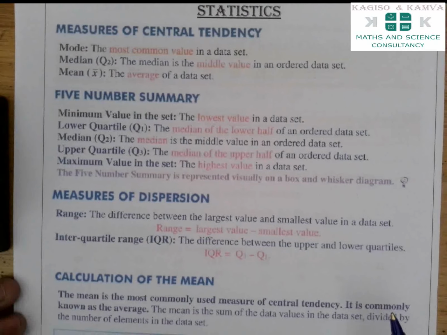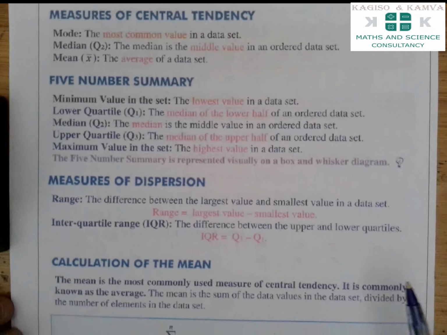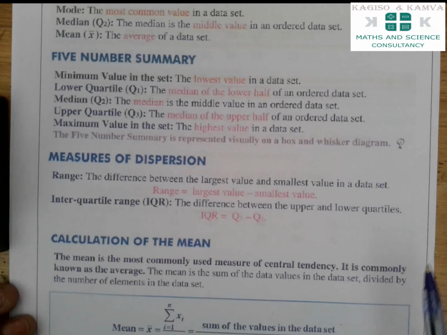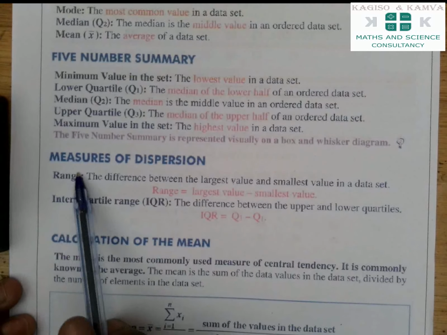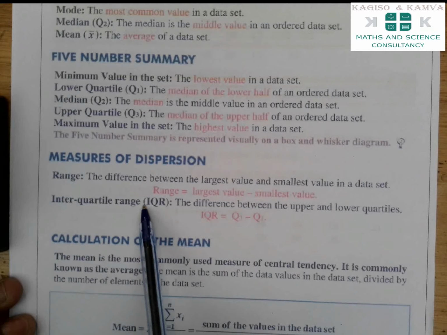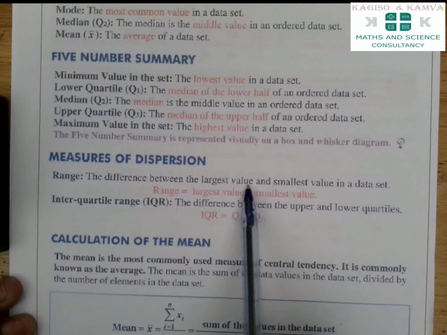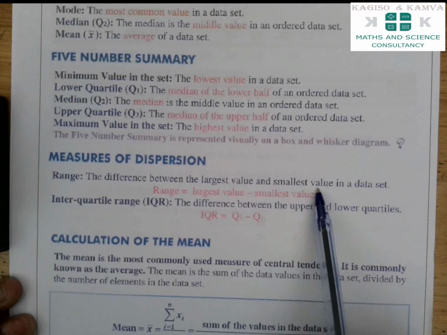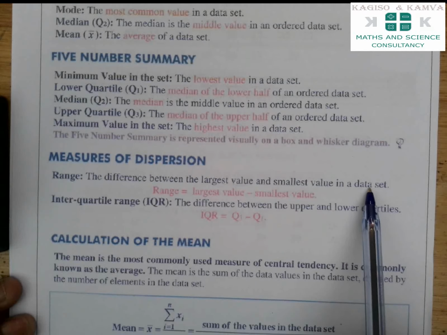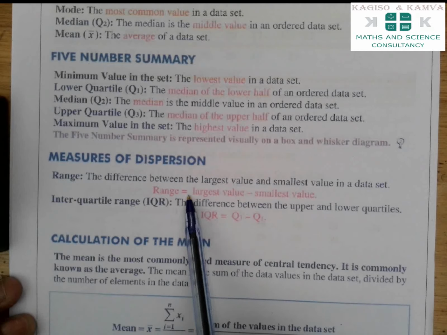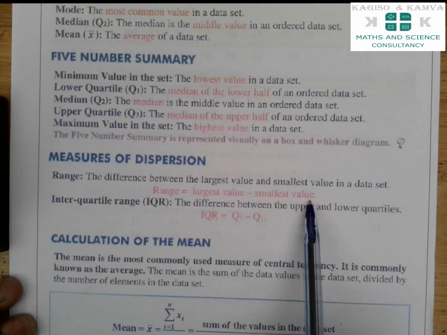So we also have the measures of dispersion. With the measures of dispersion, we've got the range and the interquartile range. The range is the difference between the largest value and the smallest value in the data set. So the range equals the largest value minus the smallest value.